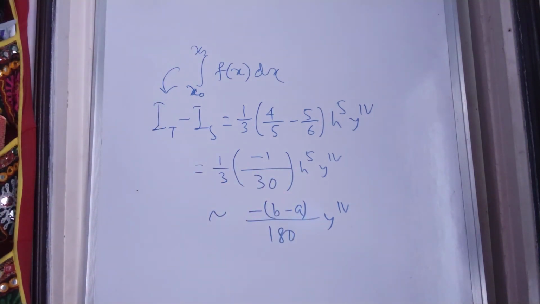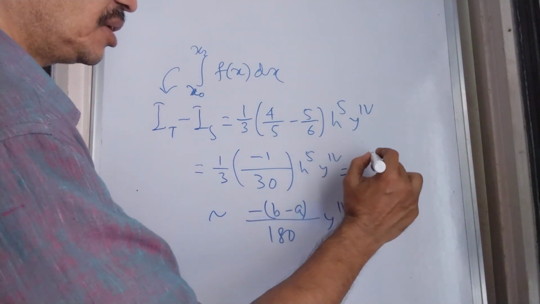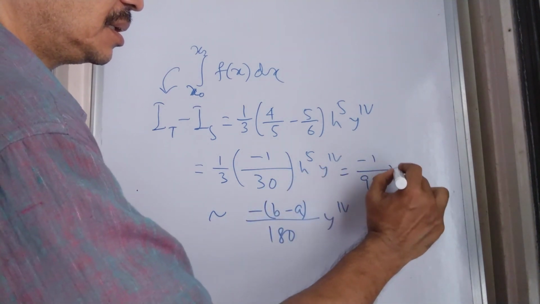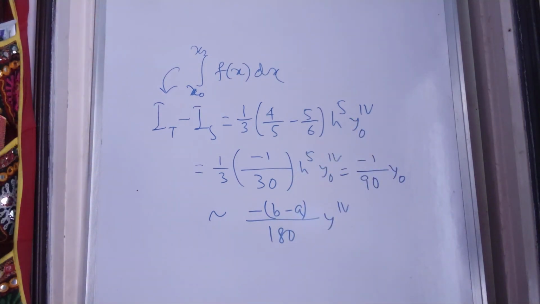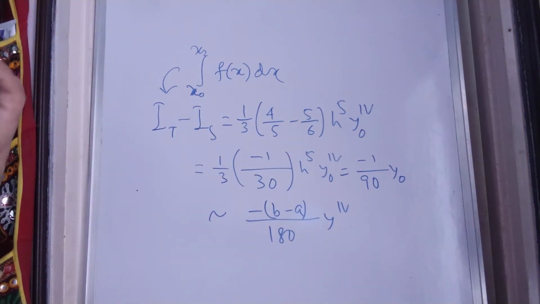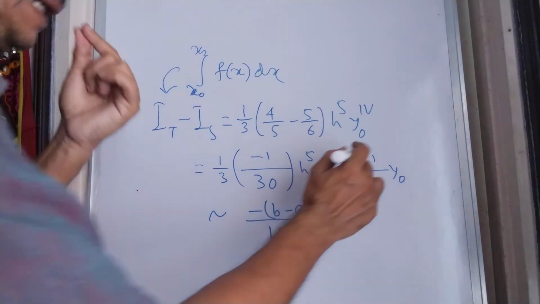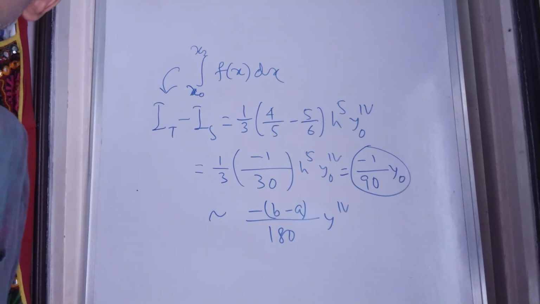Otherwise, if we calculate, this is of the order h to the power 5. We should not forget writing y suffix 0, or the derivative of f(x) at x equal to x0. So this is the error term involved in case of Simpson's 1/3 rule.